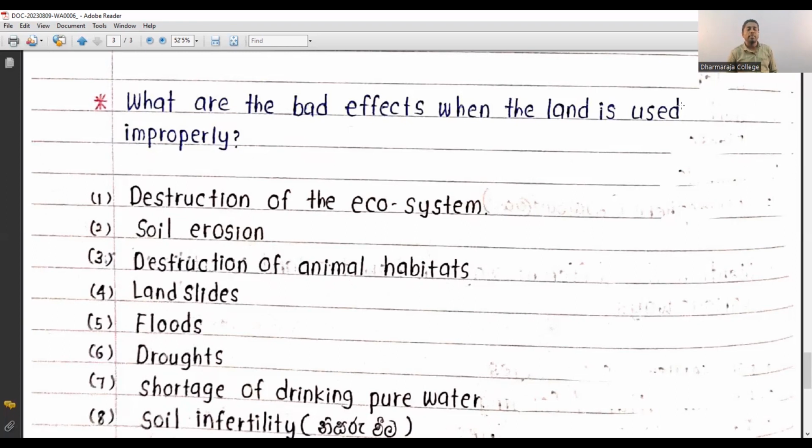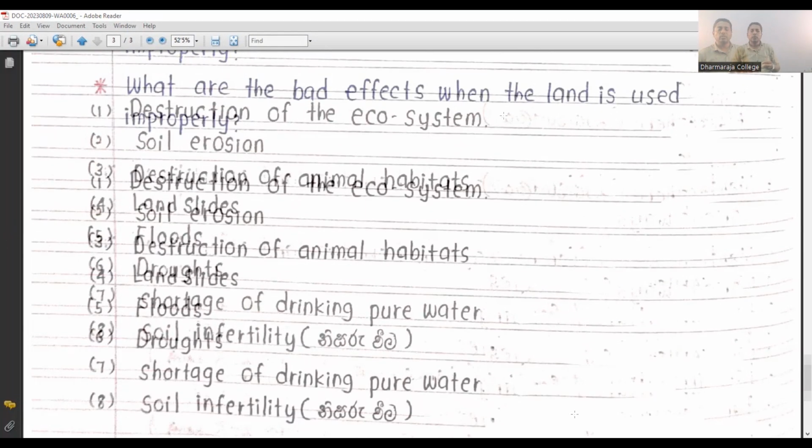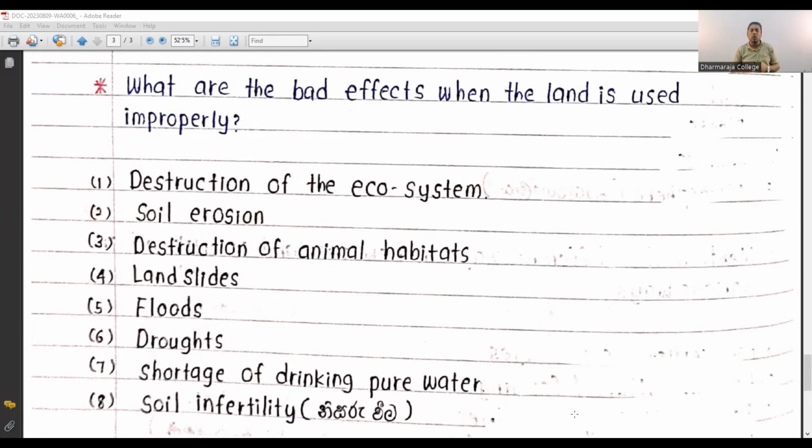Now Sri Lanka doesn't get much rain because our people do not grow more trees. They cut only the trees and there is a shortage of pure drinking water. Then we will not get water. Shortage of drinking water and soil infertility are the main problems that we are facing because of the improper use of the land.